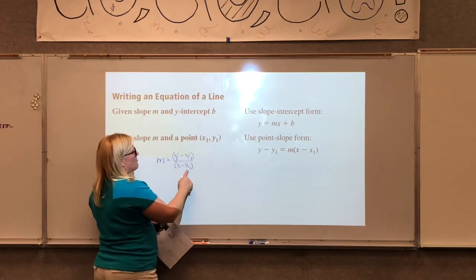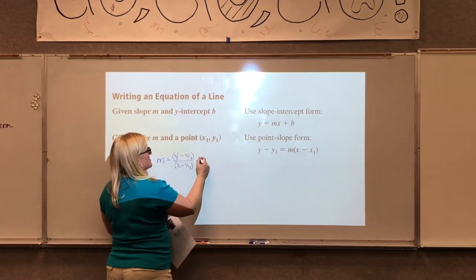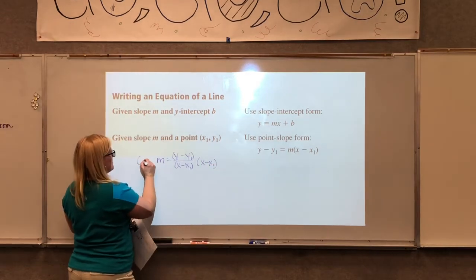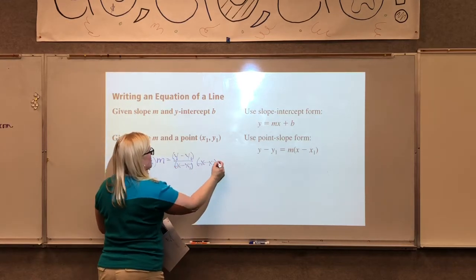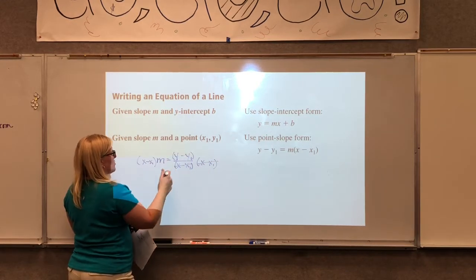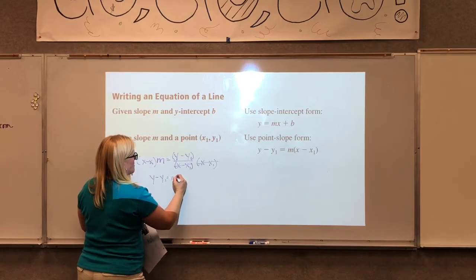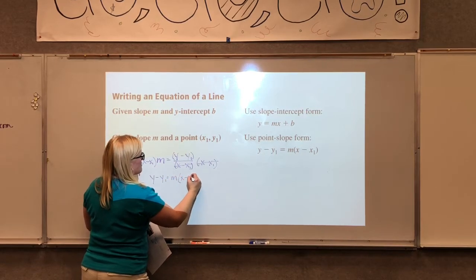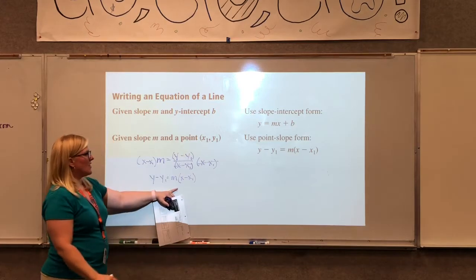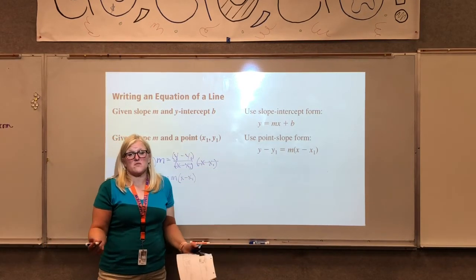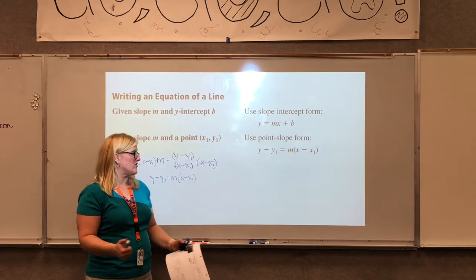If I multiply both sides by the denominator, these cancel, and I'm just going to switch these 2 around. Okay, I have my point-slope form. So that's where it comes from. It comes from the equation to find the slope of a line.